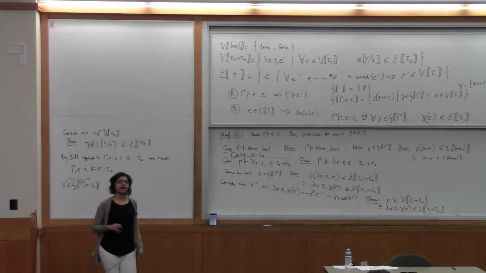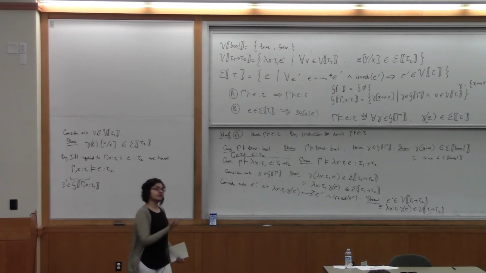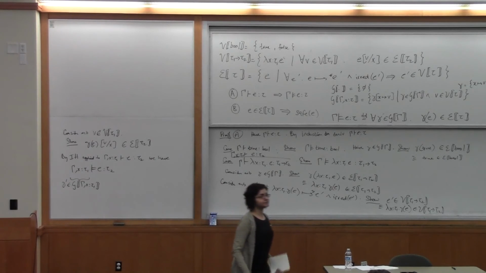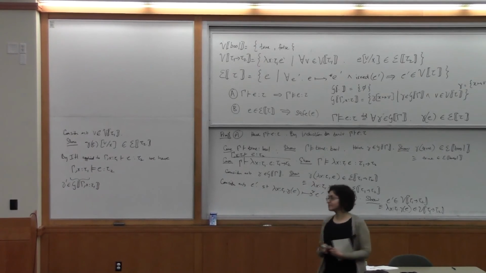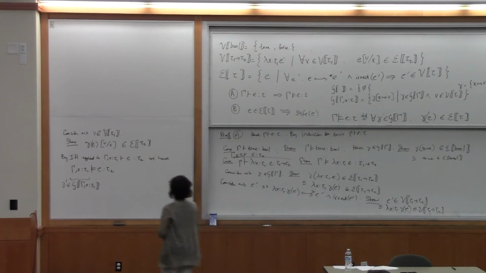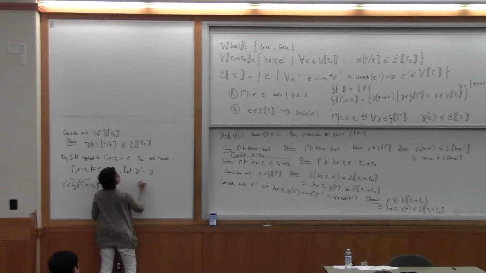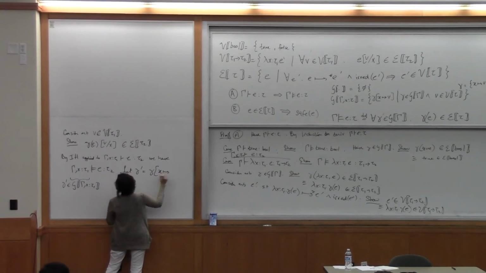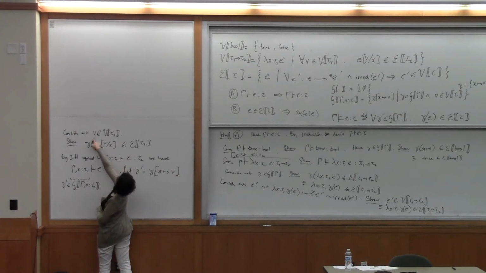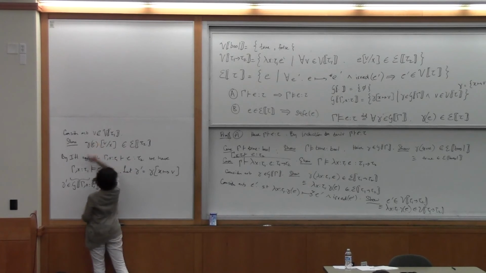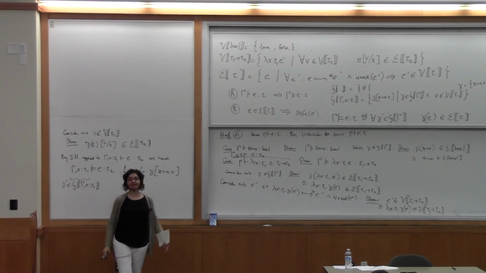Right? How do you construct a substitution for gamma with x colon tau 1? Gamma with x maps to V. Which V? That V right there. Right. Okay, so let gamma prime be that.